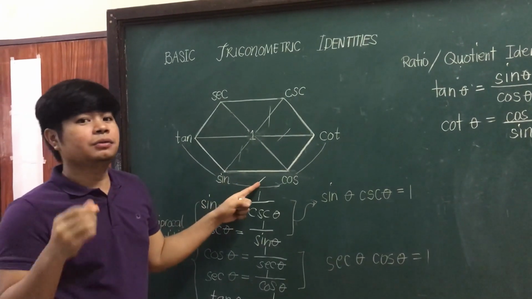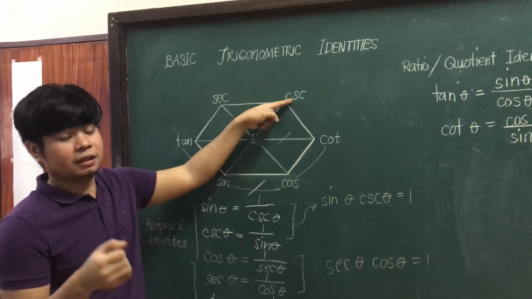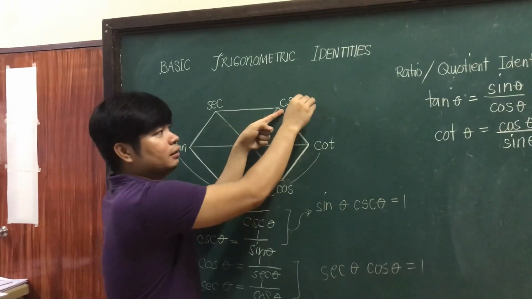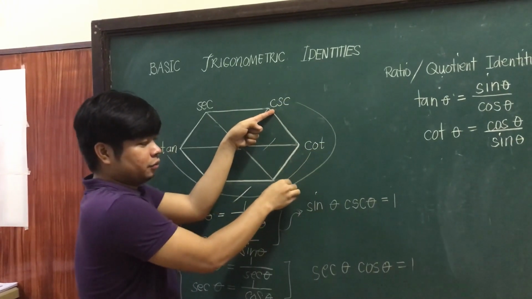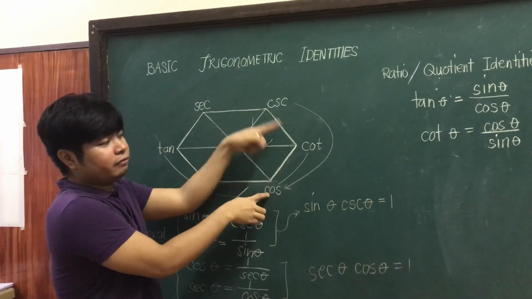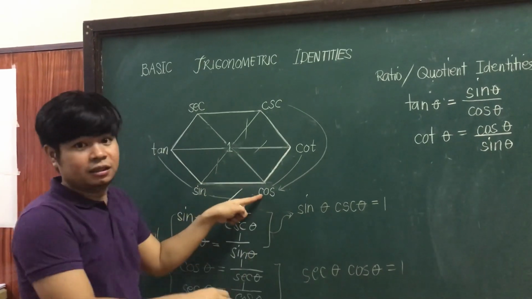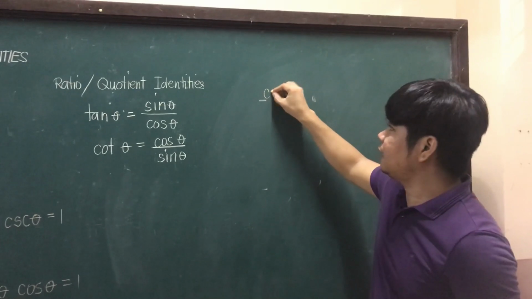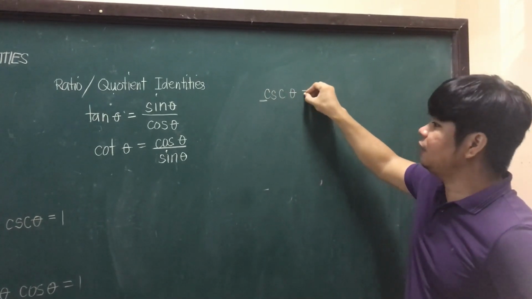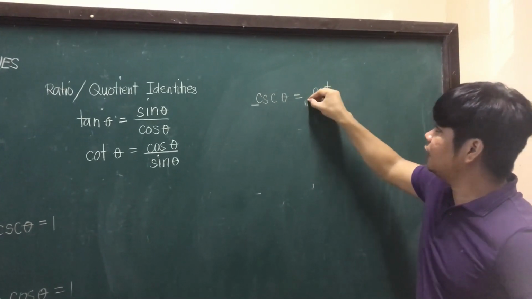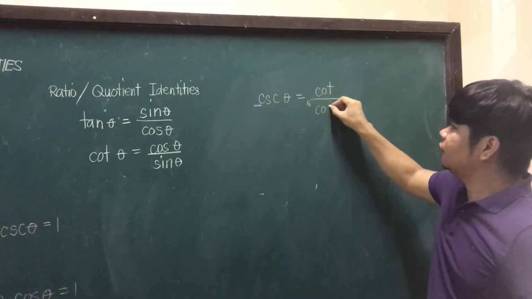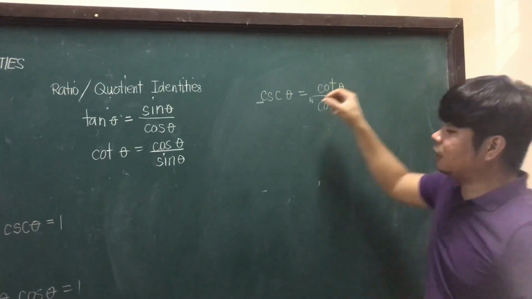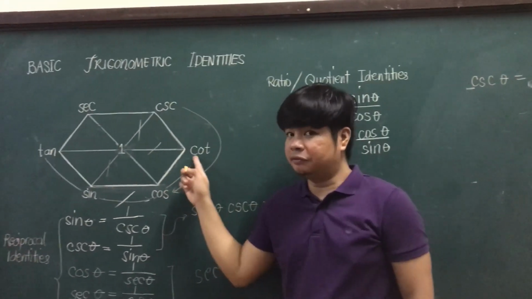Now, we can also do the same using cosecant theta, and the movement is clockwise as well. So, we are now involving cotangent and cosine. So, meaning to say, cosecant theta is equal to cotangent theta over cosine theta if you look into this relationship.